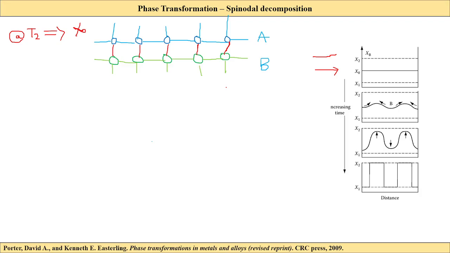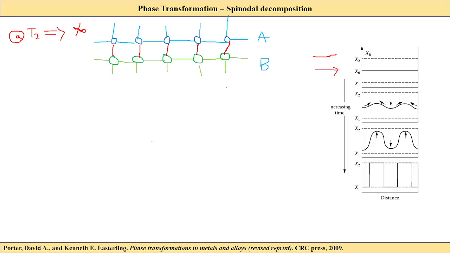That means the system will try to distort the bonds at the interface between the two phases to maintain the continuity. To distort these bonds we need energy, and that energy is called strain energy, right?